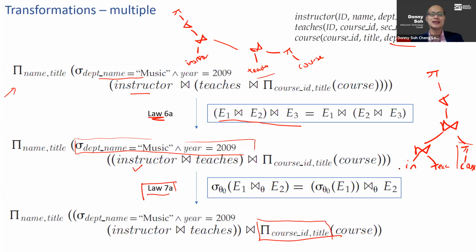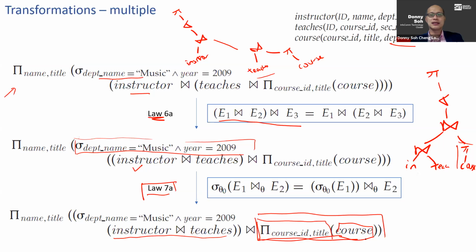Can you see this? It doesn't affect this part because department name and my year is only in this expression. It is in course, but I have already done the projection here. So the department name is not in this entire thing at all.